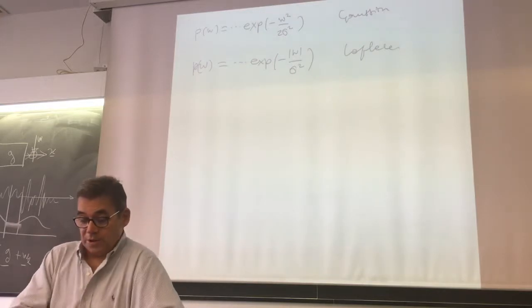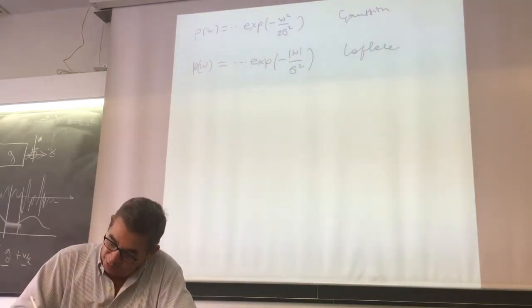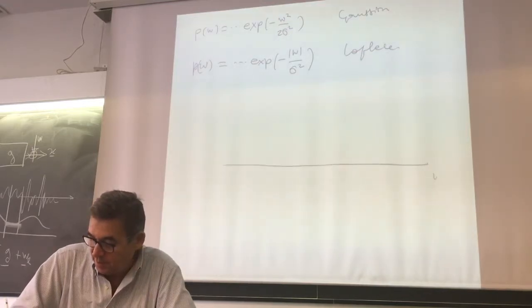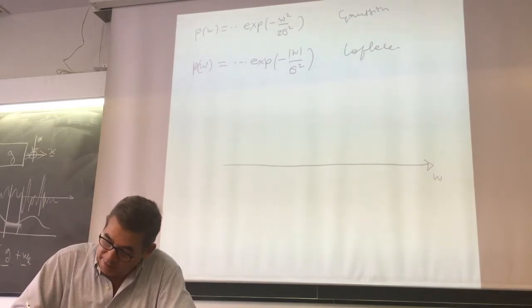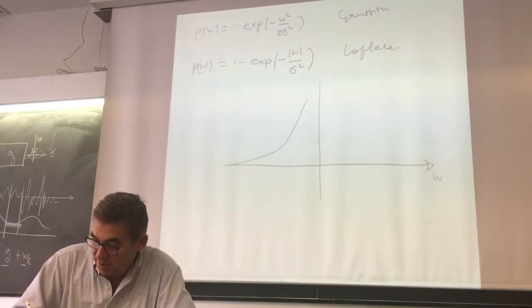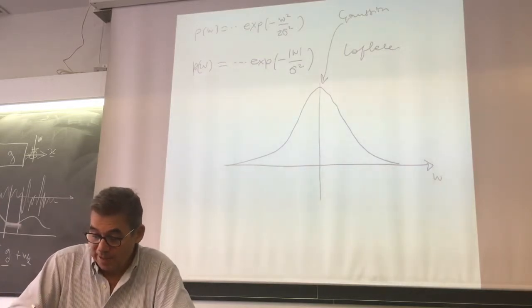Now, what is the major difference? The major difference is that, in a probability density, this is W, and these are the distributions. The Gaussian is behaving approximately in this way, so it's a bell shape. This is the Gaussian. What about the Laplace?